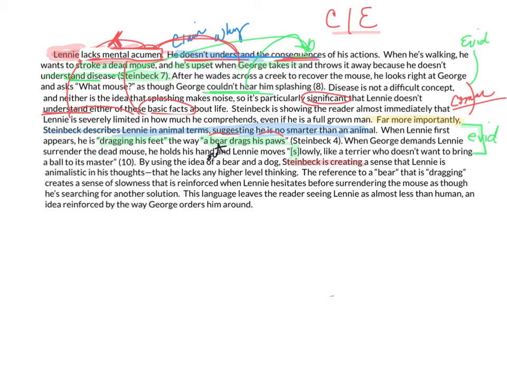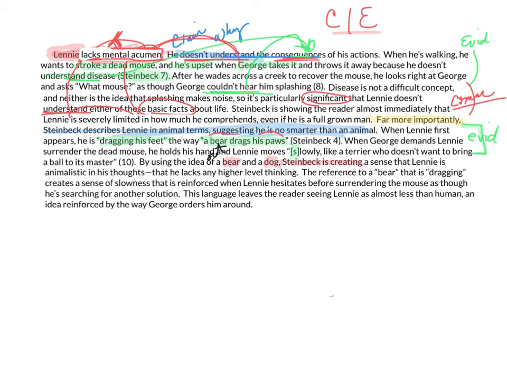Cause and effect commentary focuses on that author's hand. So you have to imagine that you can see the author trying to create some effect. So Steinbeck is creating the effect of his language. You need to call out specific language. By using the bear and the dog, Steinbeck is creating a sense that Lenny is animalistic.